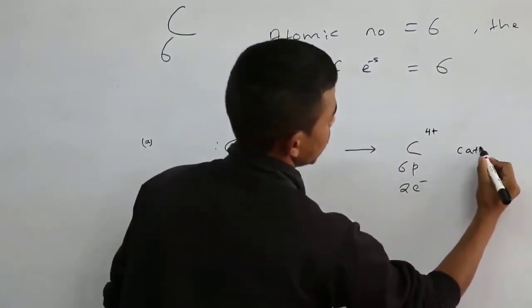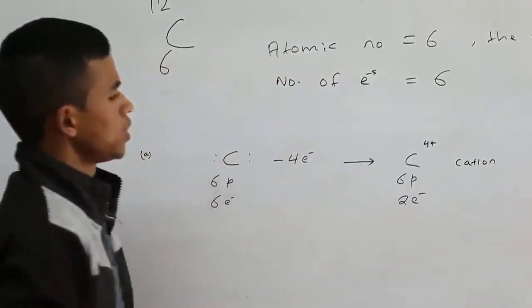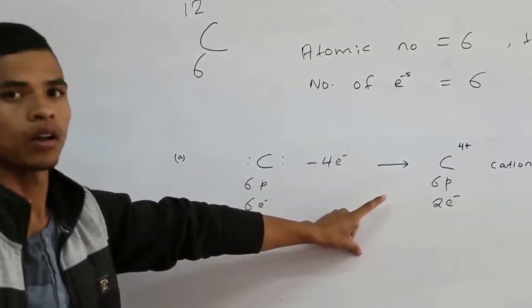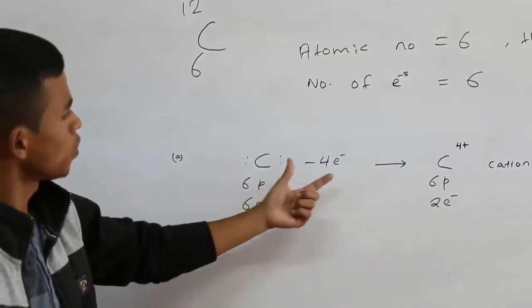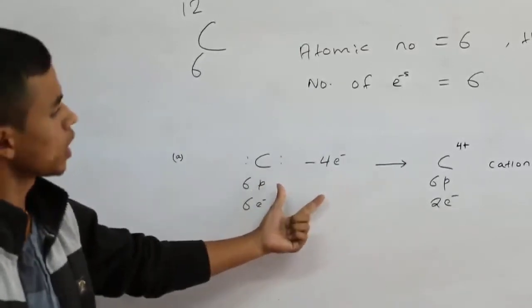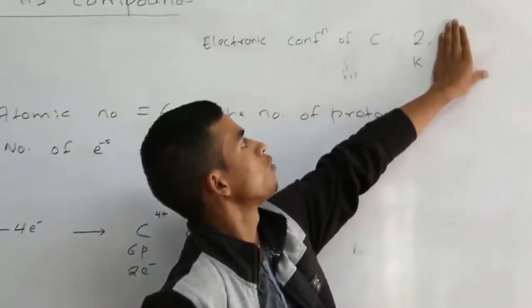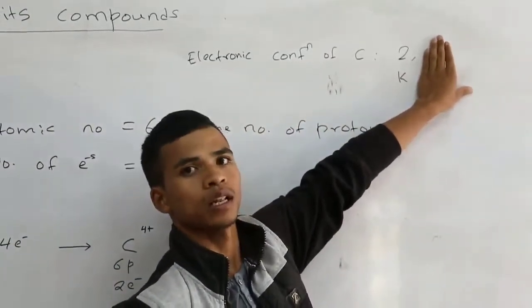This is a cation. So in this case, is this possible or not for carbon to lose its 4 valence electrons, so that it will have 2 electrons, and which is now the outermost shell?